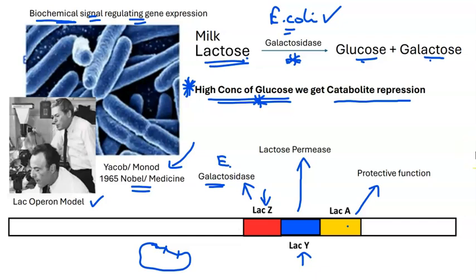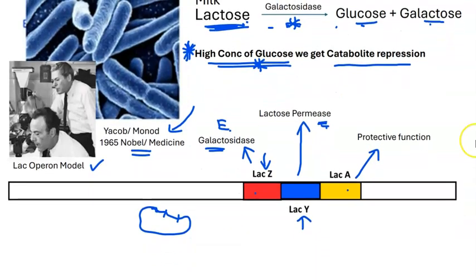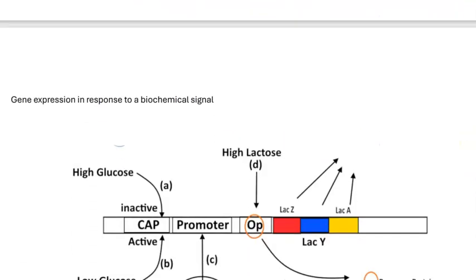So in the presence of lactose, we're expecting lactose permease to allow lactose to be taken into the cell. Lac Z will be expressed and bring about this catabolism. But remember that E. coli prefers glucose to lactose.